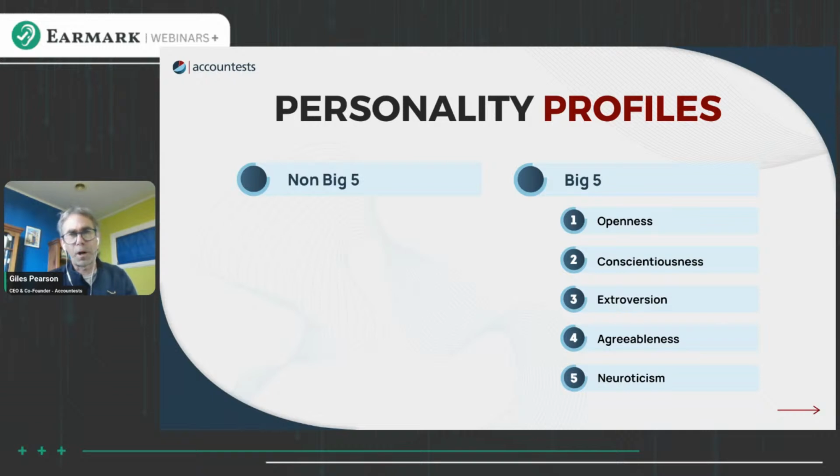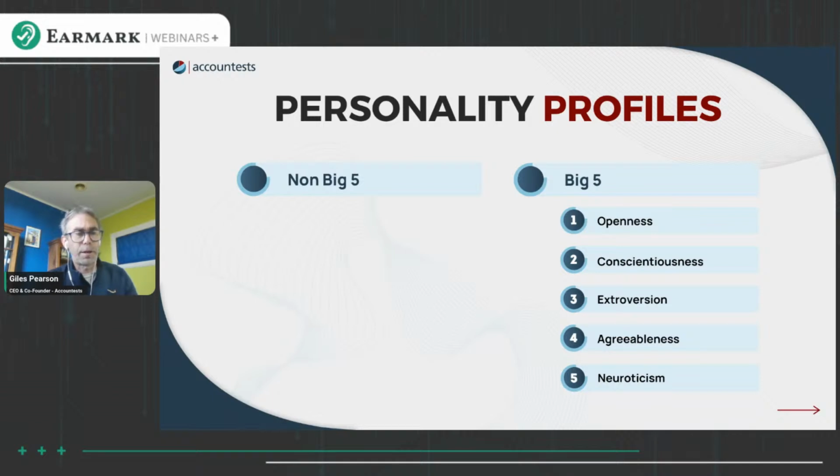They cover these five areas, and the big five profiles don't always use exactly these headings, but they're based on these five areas. So if we just go through those, you can see why these are relevant. So openness is around somebody's openness to experience and their curiosity.